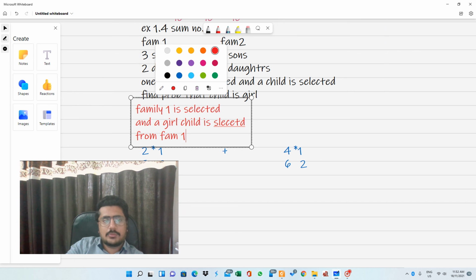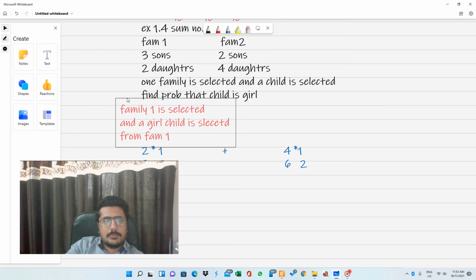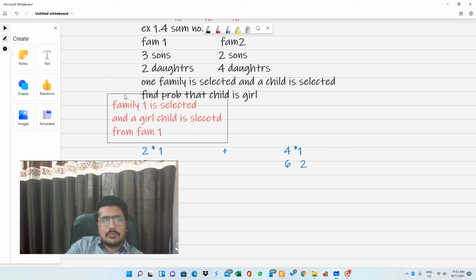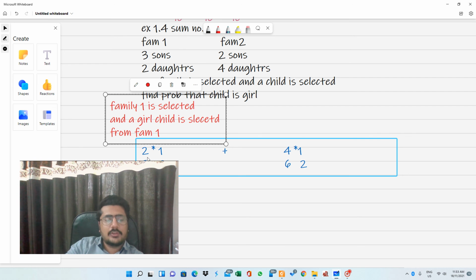This is my first possibility, that family 1 is selected and a girl child is selected from family 1. See, the family selected probability is 1 by 2 and a girl child selected from family 1 is 2 by 5.